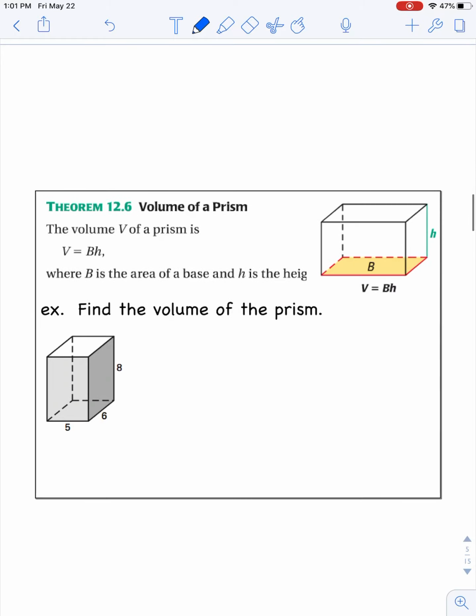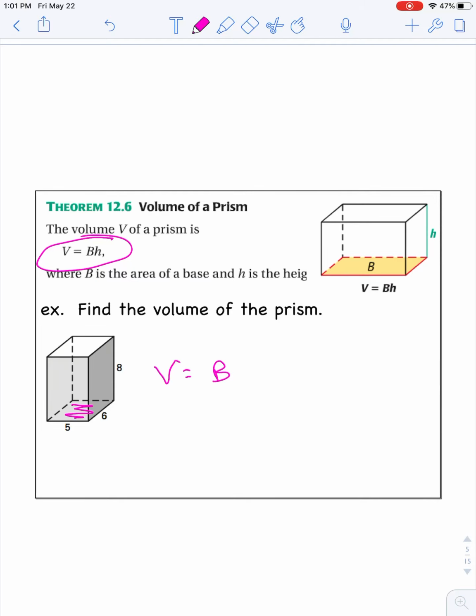Okay, so prism. Every base in a prism is a different shape, potentially. So this is why we have a pretty generic formula where we're just calculating the area of the base times the height. No matter what shape base is, you plug in a different formula for that capital B. So in this particular example, the shape of your base is a rectangle.